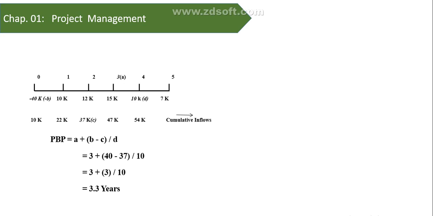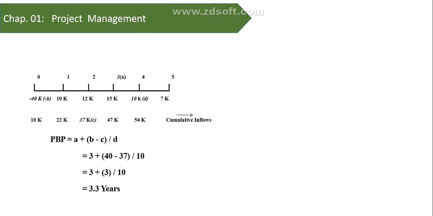A, in the third year, this third. So this is A, the confirmed time, 3 years. Initial investment, B, I have told that the initial investment is how much? 40. I have written 40.